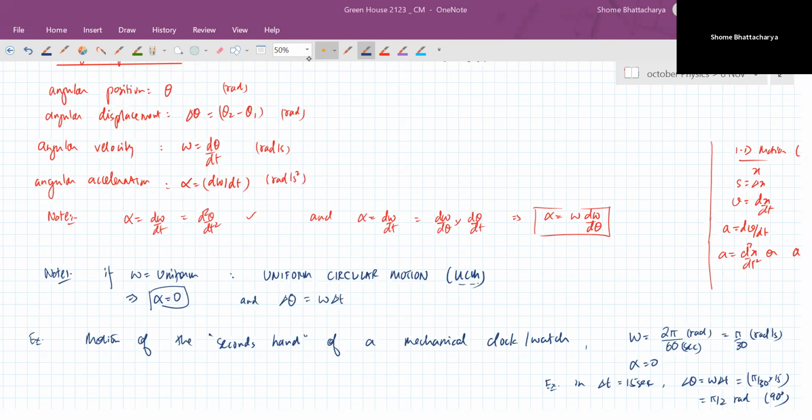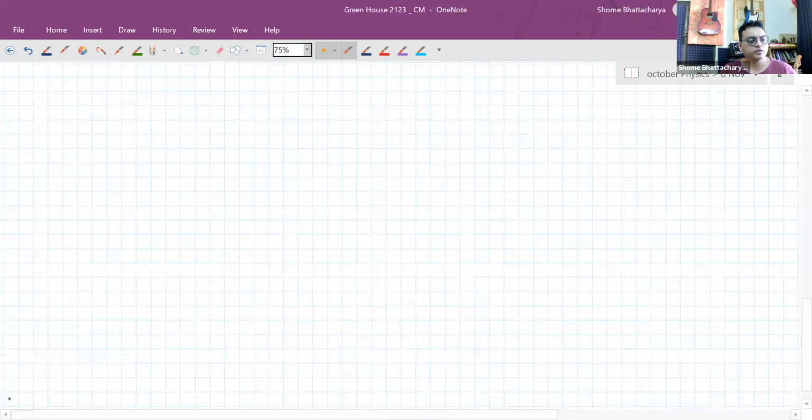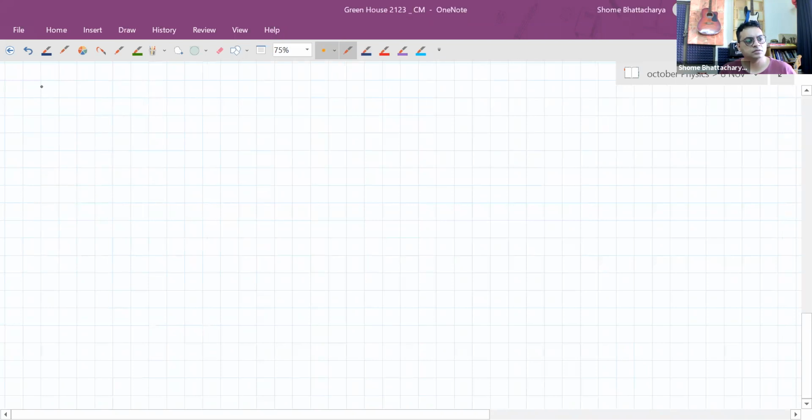Okay, next situation we'll see is circular motion with uniform angular acceleration.